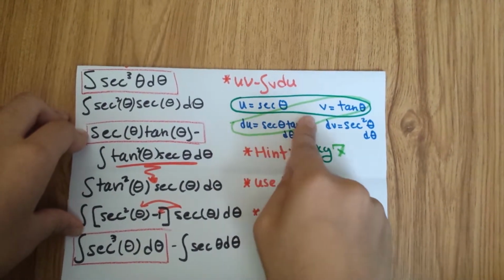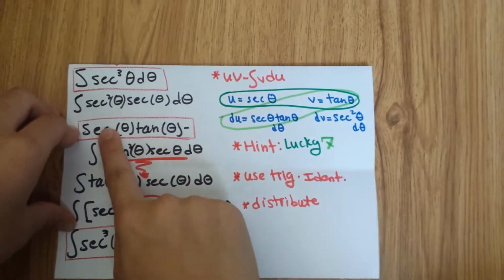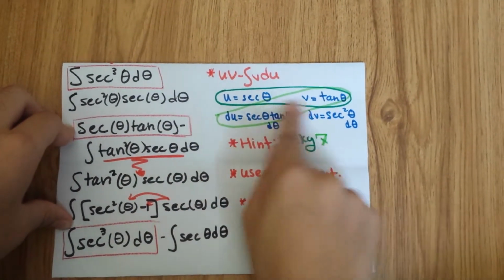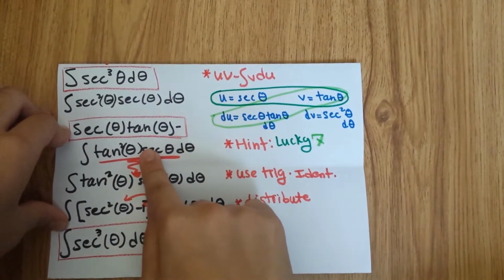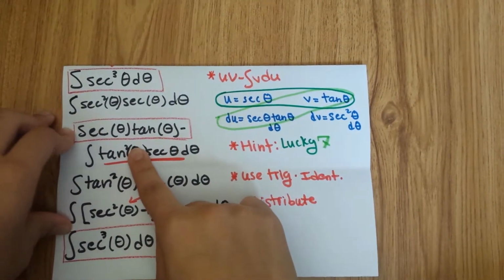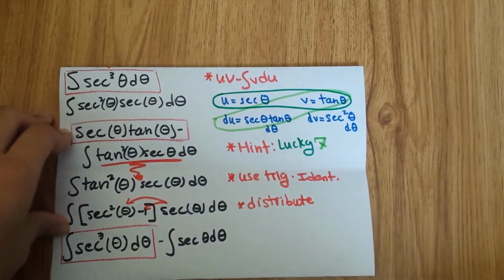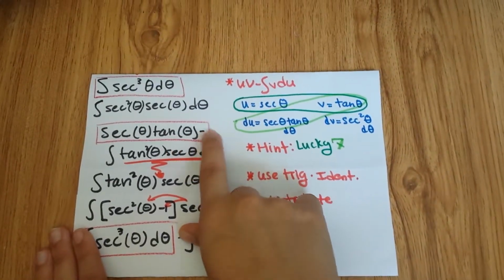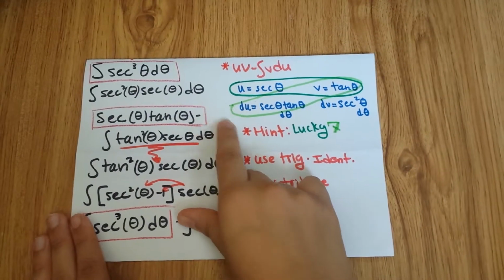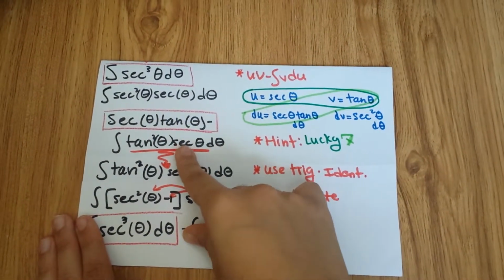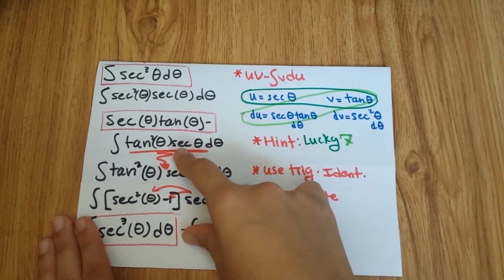So uv is secant theta tangent theta, minus the integral of v du, which is right here. You have two tangents, so that's why tangent is squared. So now you can see that the first half of this integral does not need any integration. But the second half, you're stuck with another integral.